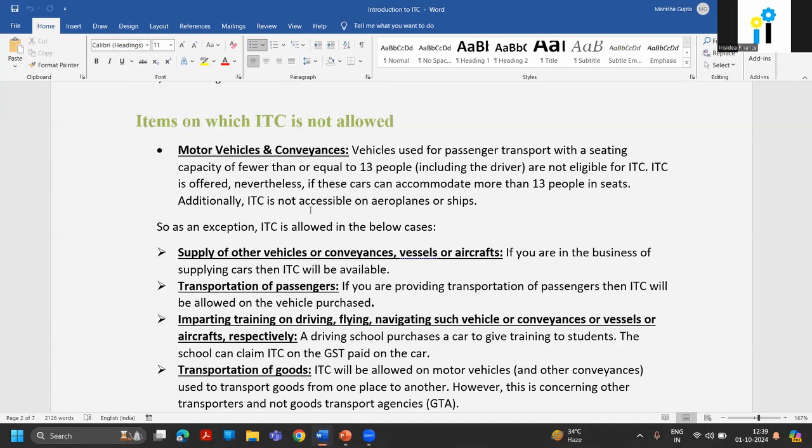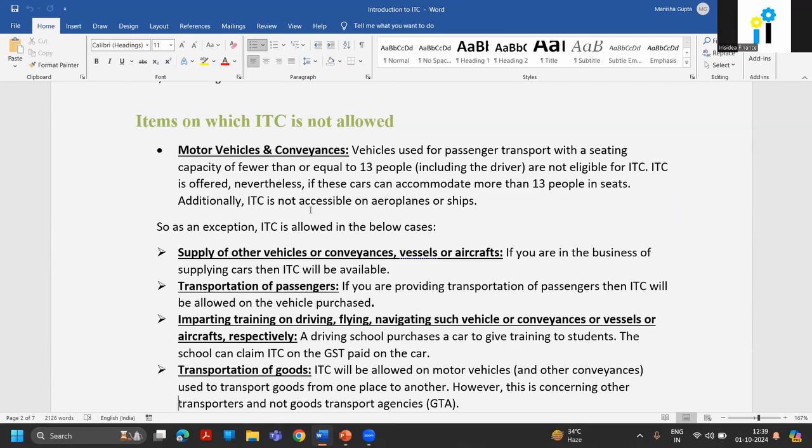ITC is offered if the car can accommodate more than 13 people seated, then at that time ITC can be claimed. But if the seating capacity is 13 people or less, then ITC cannot be claimed on buying motor vehicles.